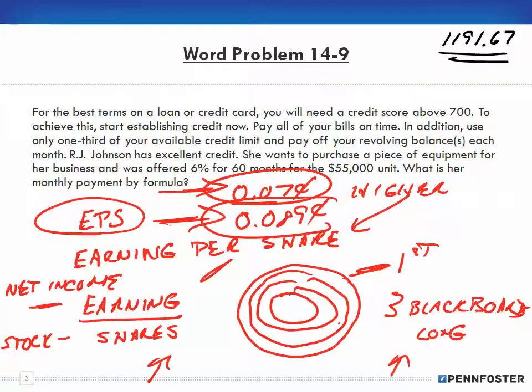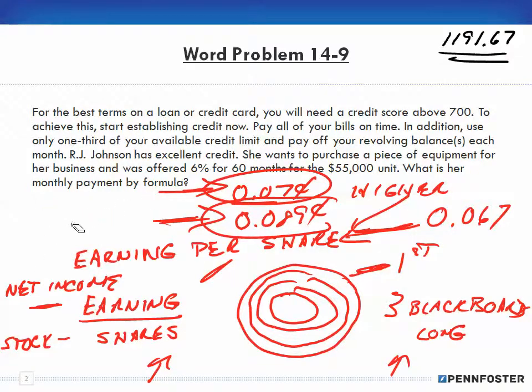A student will say they put 0.067, even if they are just doing earnings per share. And that's wrong, because it's supposed to be 0.07. But the whole idea here is that as we progress, we gain more levels of sophistication, and we're able to gain more accurate numbers. So what does that have to do with this problem?